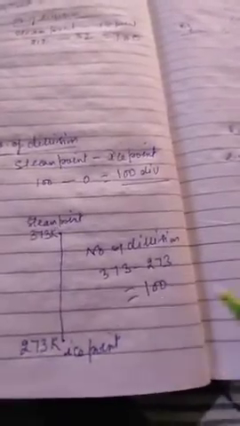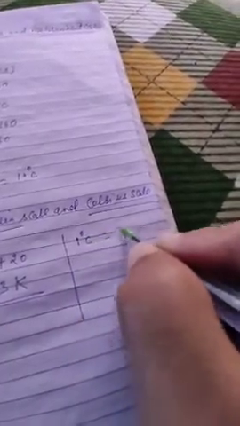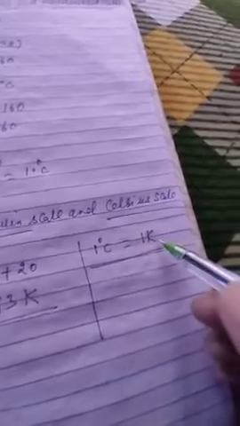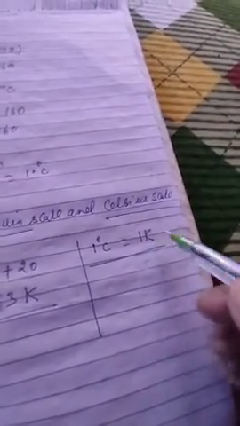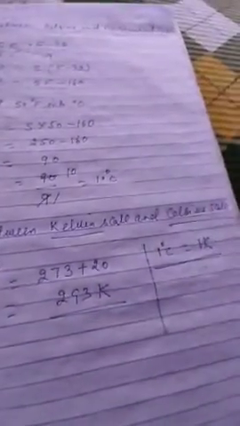So students, just see that the number of divisions on the Celsius scale is 100 and the number of divisions on the Kelvin scale is also 100. So here we can say that 1 degree Celsius is equal to 1 Kelvin. So like this you can convert.